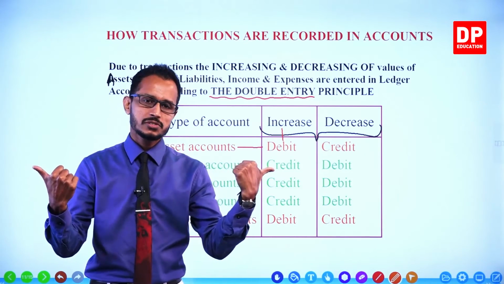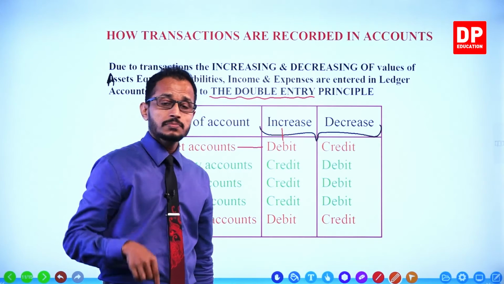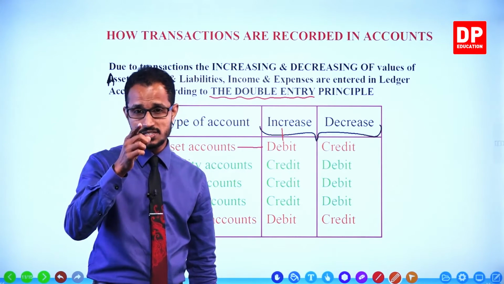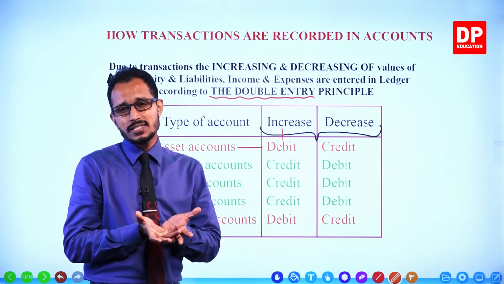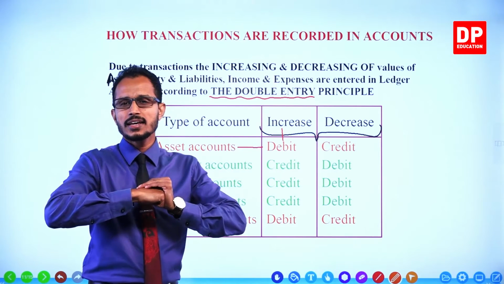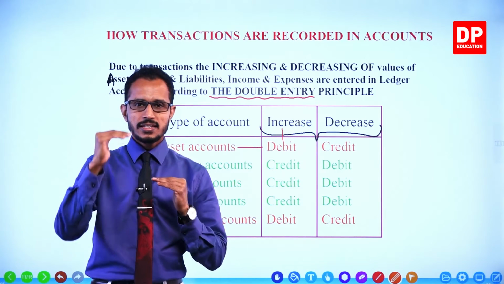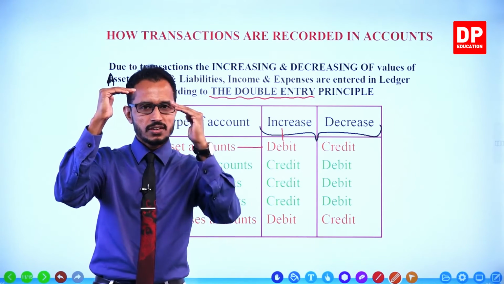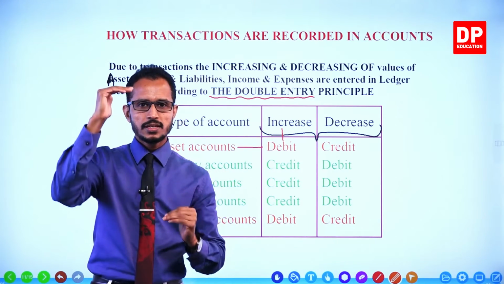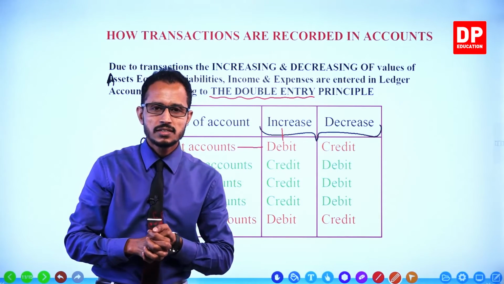Double entries. Okay. For that, you consider how the transaction affected the accounting equation. What was the increased component and what was the decreased component? The dual impact. That's what you consider.